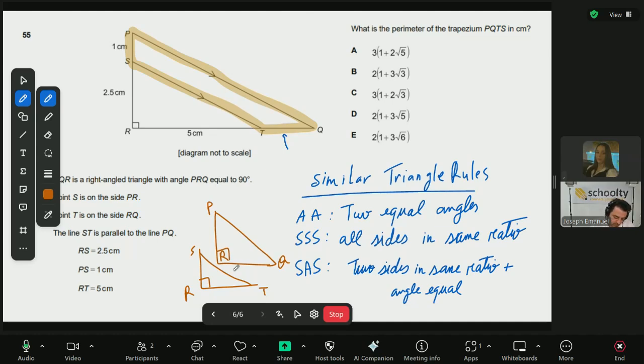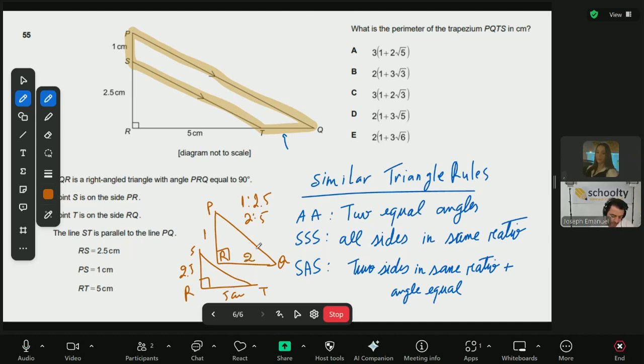Okay, so actually we have here 2.5, 90 degrees and 5 centimeter, and here we have 1, so the ratio is 1 to 2.5, which is 2 to 5. So if we have 1 multiplied by 2.5, or 2.5 divided by 2.5, 5 also divided by 2.5, you will have 2.